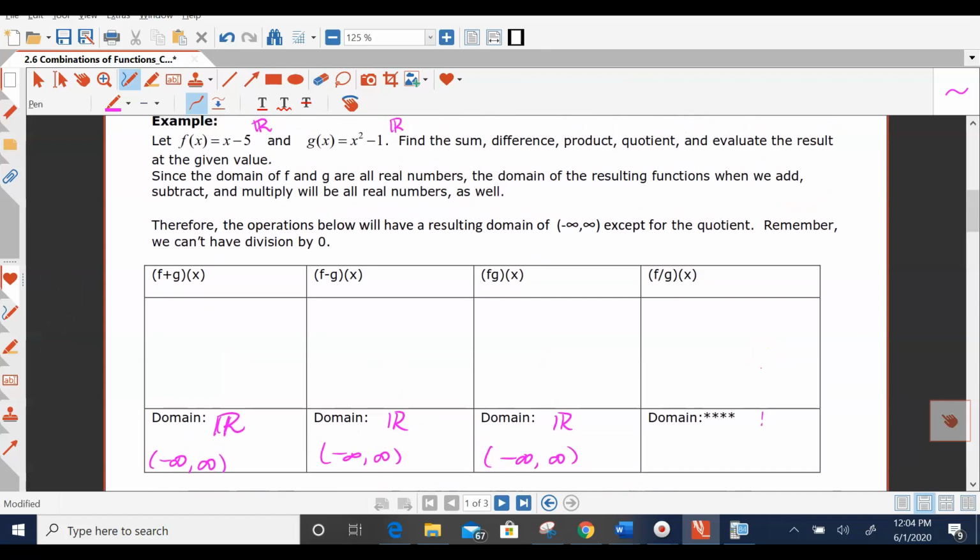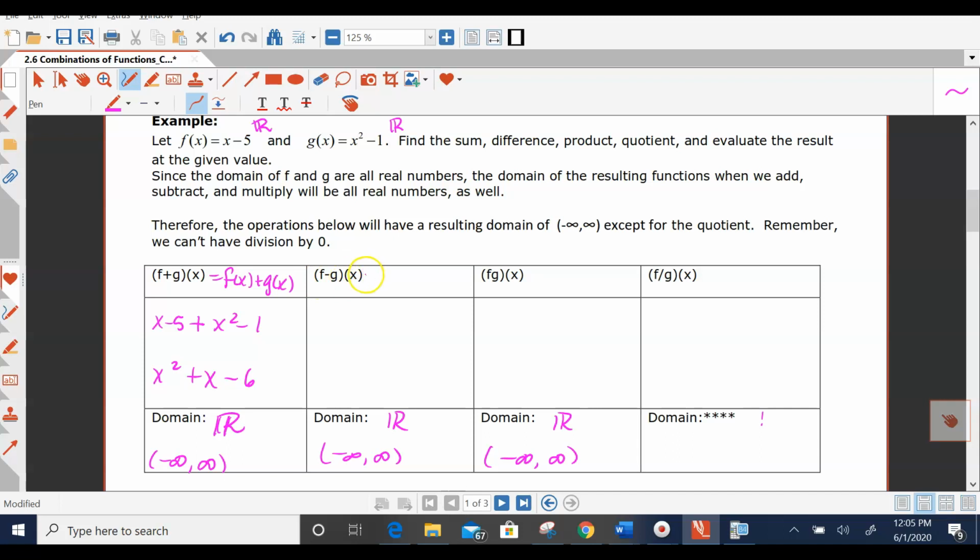But simple operations: f plus g of x tells me to take the f function and add it to the g function. So f is x minus 5. We're going to add that to the g function, which is x squared minus 1, then combine like terms. So the result would be x squared plus x minus 6.